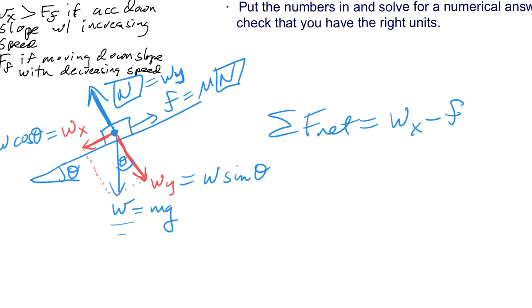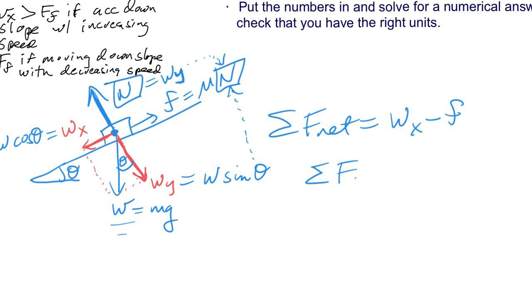No. N would have to equal, not mg, the weight, but Wy, which would be W, the weight, times sine of theta, or mg sine of theta. So that's if he's accelerating down and speeding up.